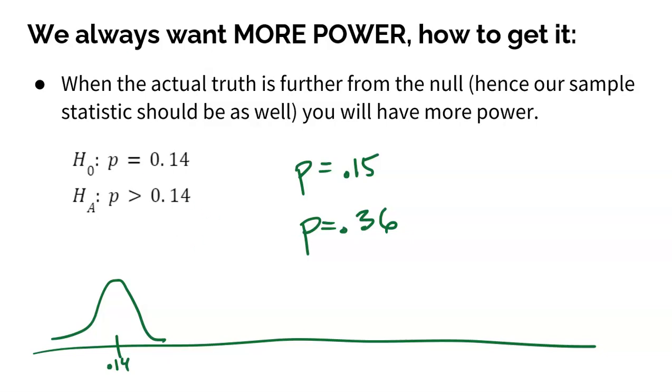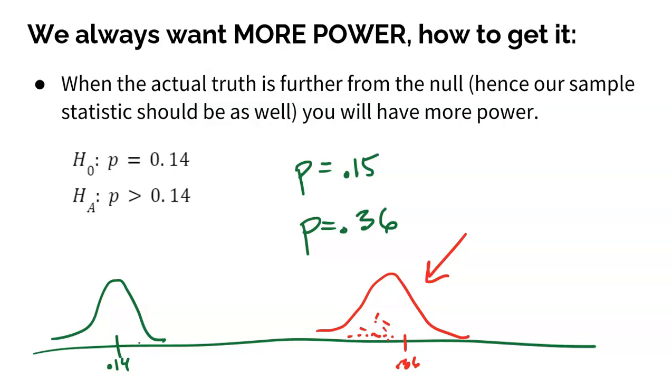If the truth is way over here at 36% and the sampling distribution is built around that, sorry for my terrible drawing, then you think about it, if this is what's really true, then I should get samples that are up here because that's what's really true. And those samples are all very far away from 14%. Hence, I would reject the null and go with the alternative.